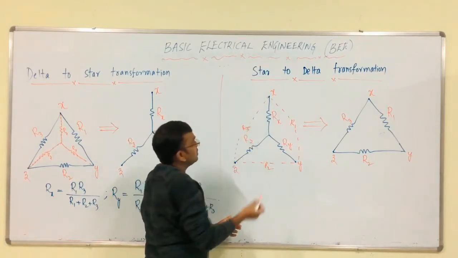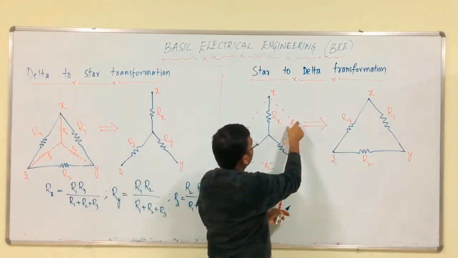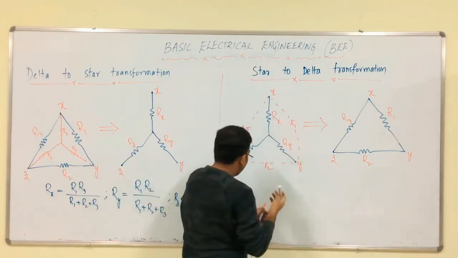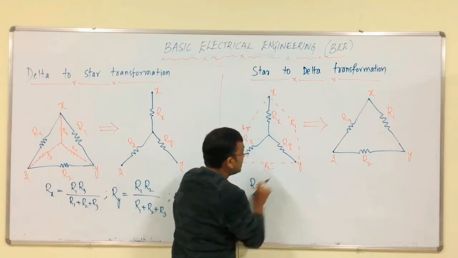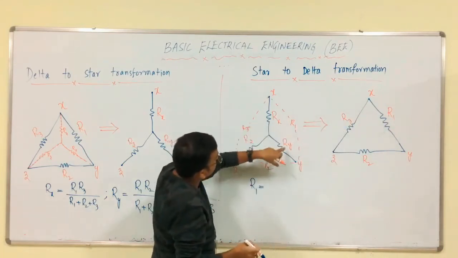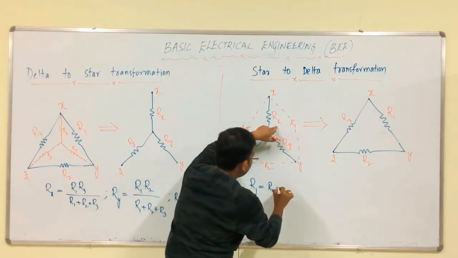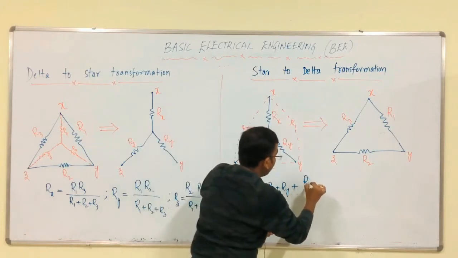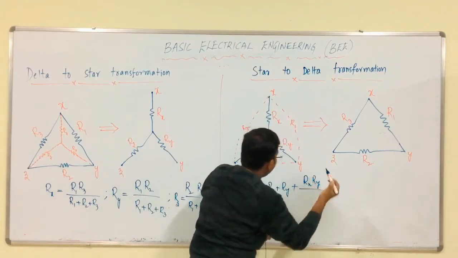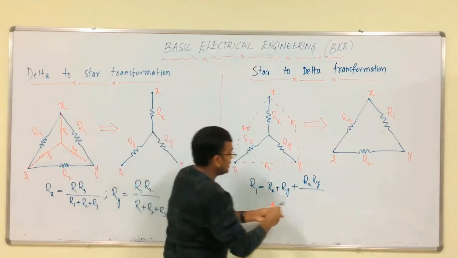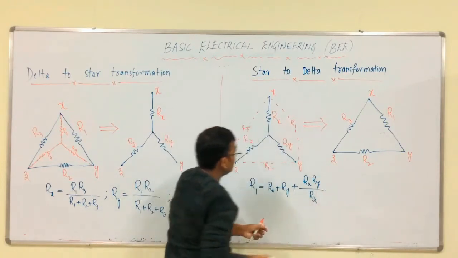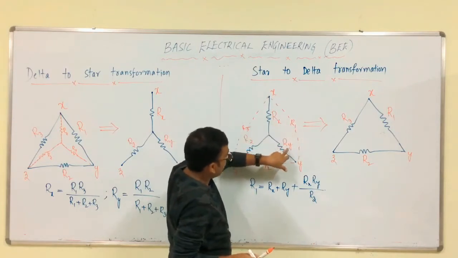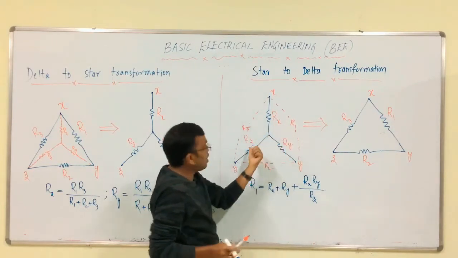To calculate R1, which is present between Rx and Ry, the shortcut is the summation of these two, Rx plus Ry, plus the multiplication of these two, Rx into Ry, divided by the opposite resistance, Rz. Simple. To calculate R1: Rx plus Ry plus Rx into Ry by the opposite resistance.